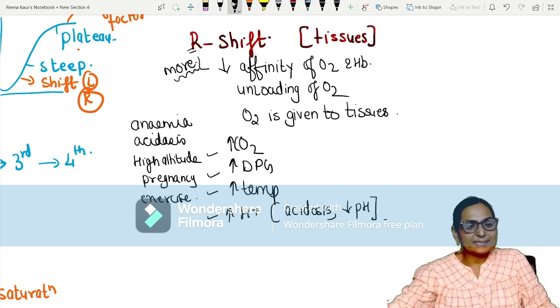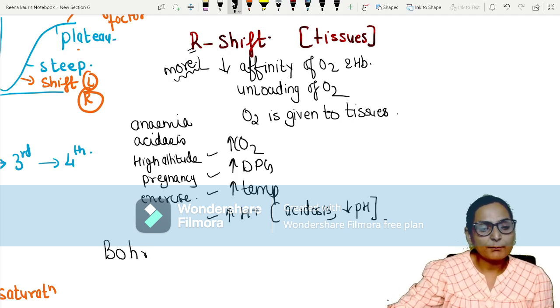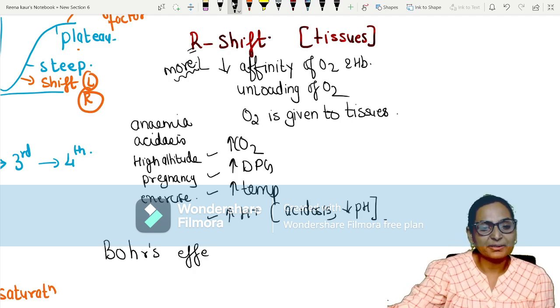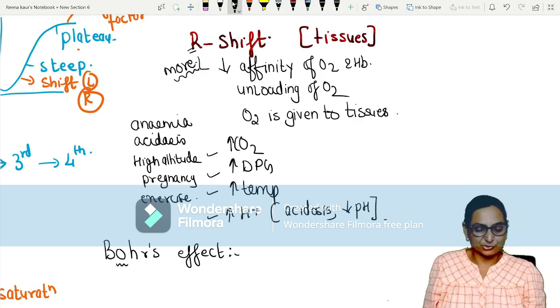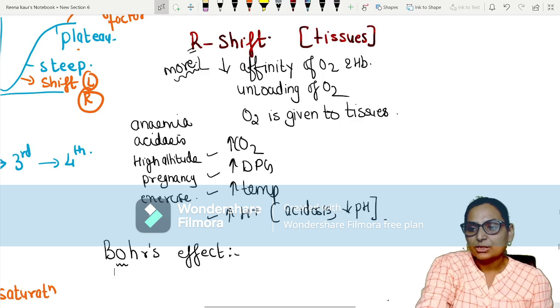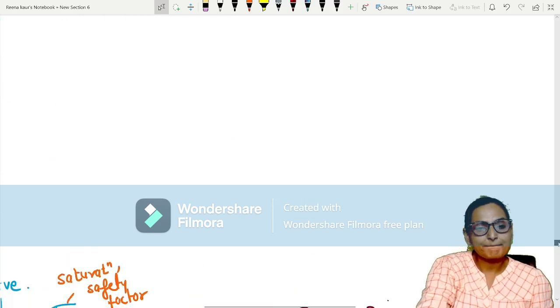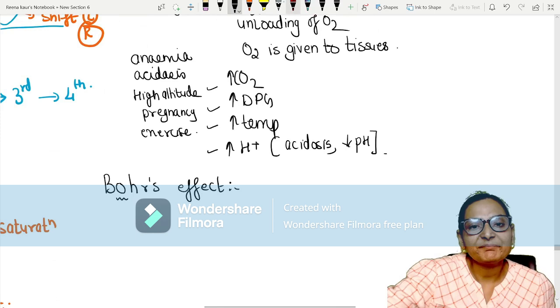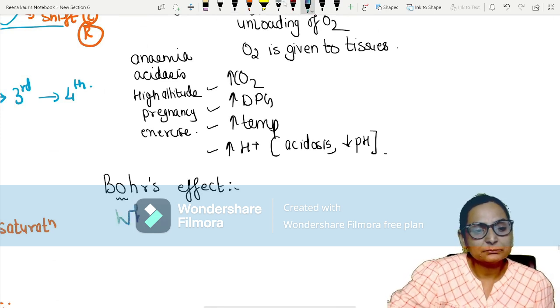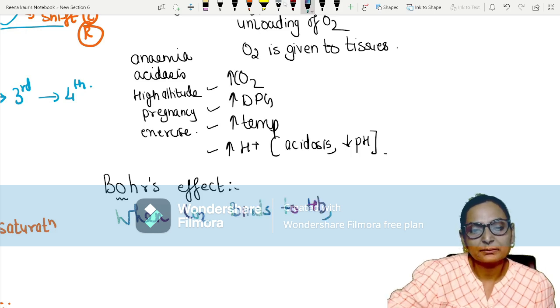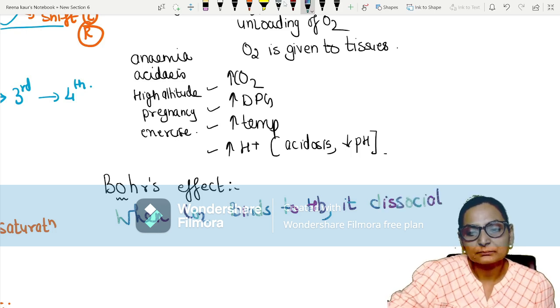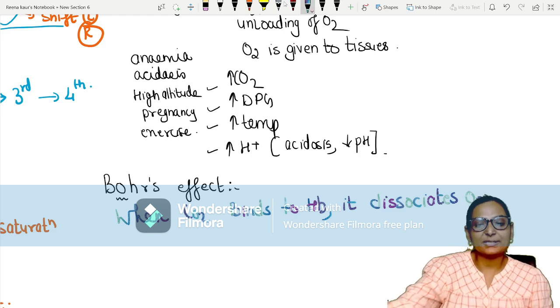Okay. Now there is something which is called the Bohr effect. Remember, what comes in Bohr? O. So it is related to oxygen. So what is that Bohr effect? The Bohr effect is that when carbon dioxide binds to hemoglobin, it dissociates oxygen.